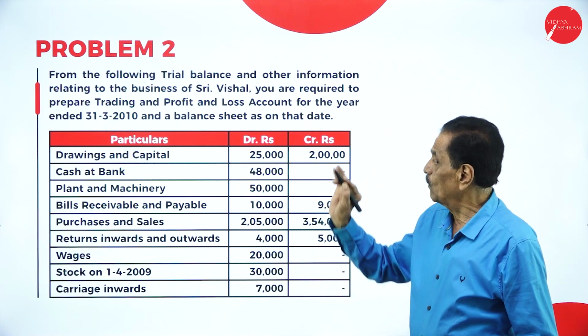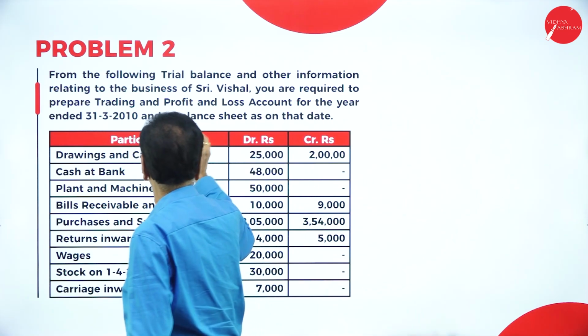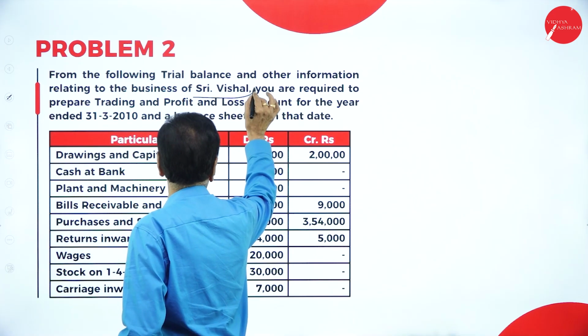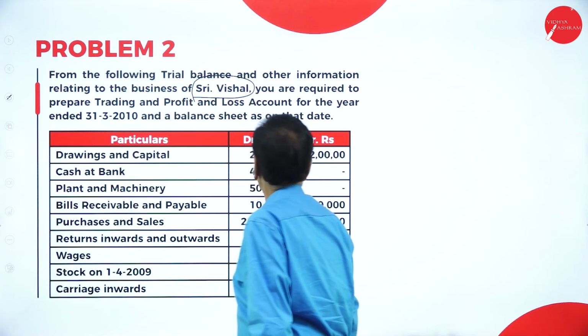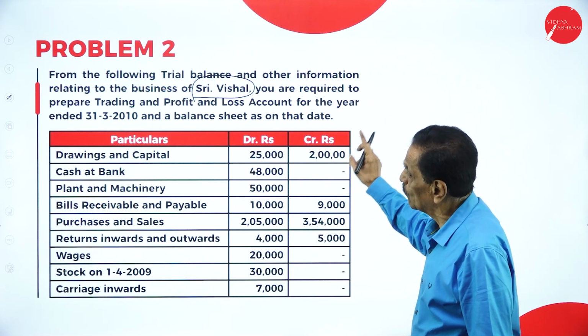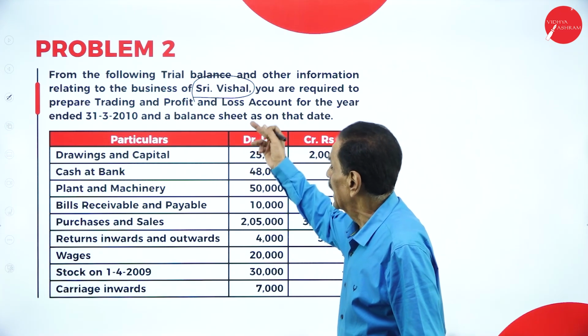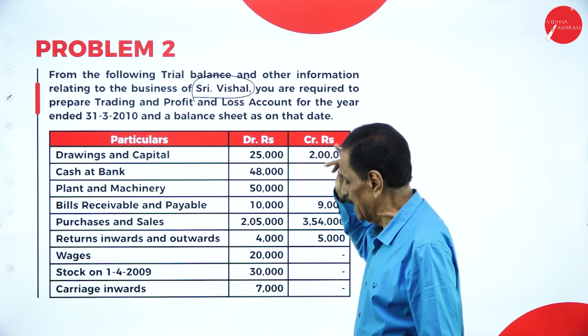From the following trial balance and other information relating to the business of Sri Vishal, you are required to prepare the trading and profit and loss account for the year ended 31/3/2010 and a balance sheet as on that date.